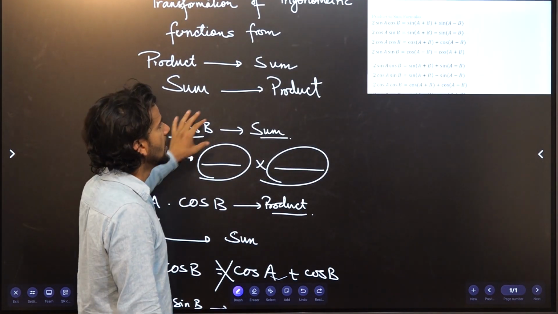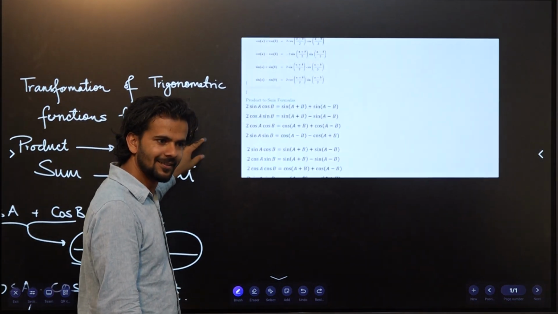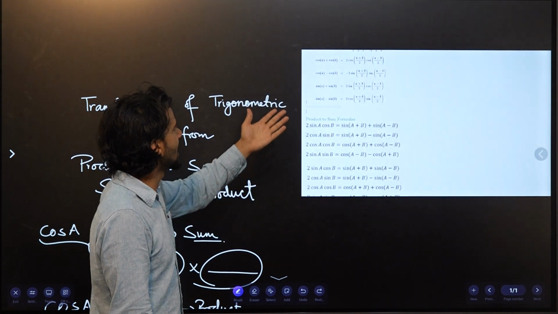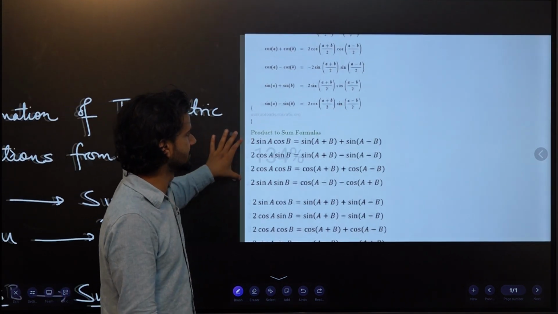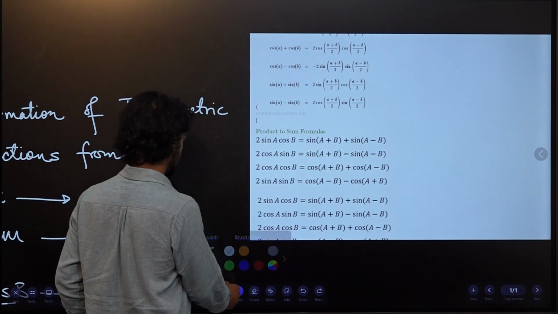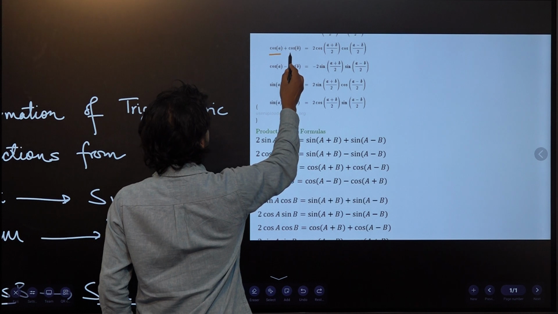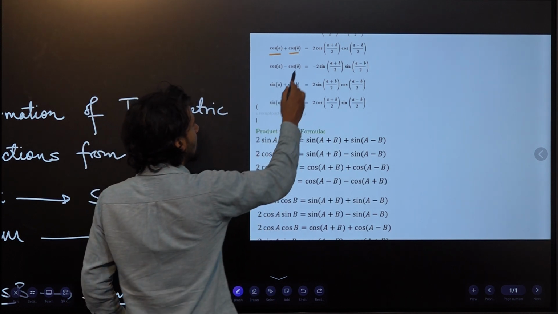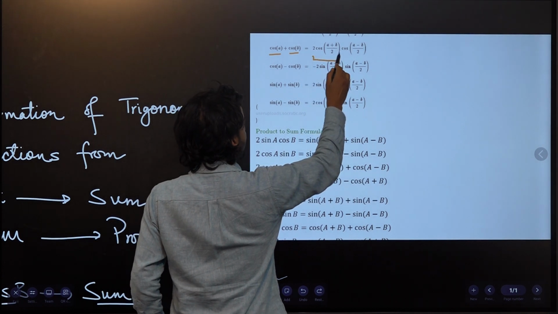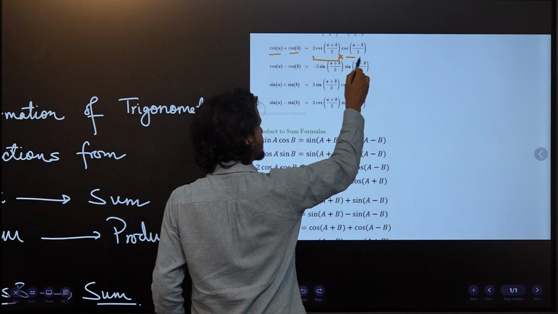Yes. So, somebody has already done it for us, and this is how it's going to look. We will derive this, you see. So, cos A plus cos B can be written as 2 cos (A plus B) by 2 times, there is a product, cos (A minus B) by 2.